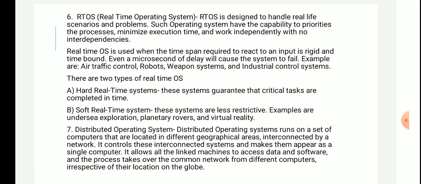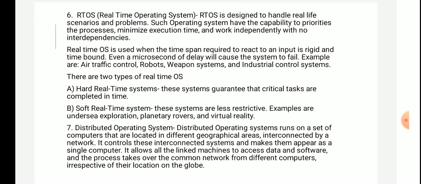These operating systems have the capability to prioritize the processes, minimize execution time, and work independently with no interdependencies. Real-time operating system is used when the time required to react to an input is rigid and time-bound.